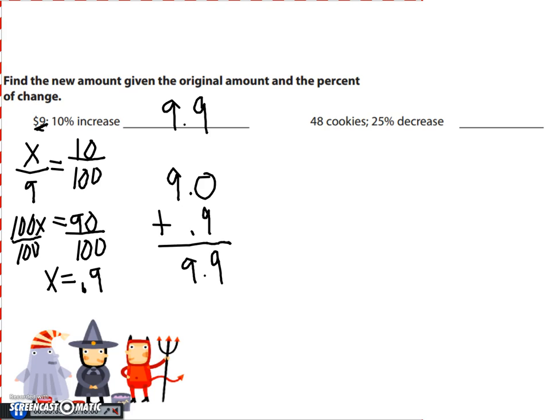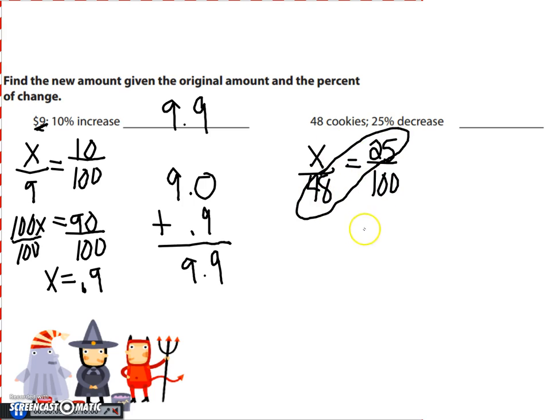Okay, let's look at the second example. So the original amount is 48. Every percentage is out of 100. You do the cross product rule. 48 times 25 is 1,200. Then you are going to divide both sides by 100.